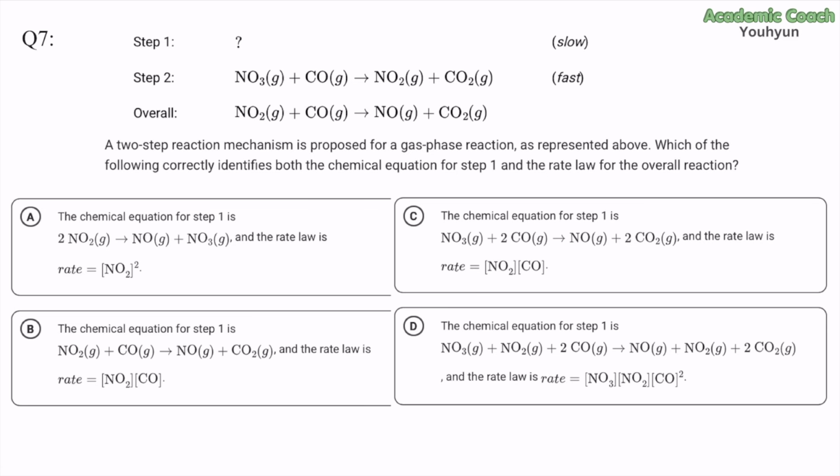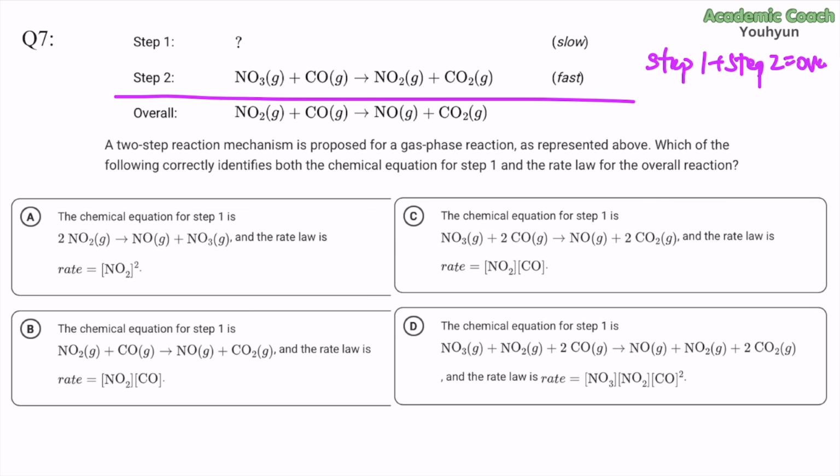And that part will be easy because step 1 plus step 2 should give me the overall chemical reaction. This means that step 1 is basically overall minus step 2.